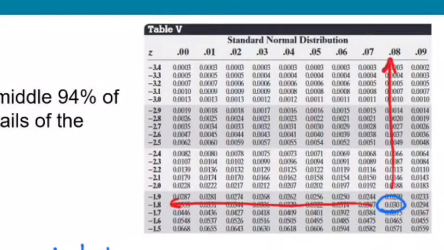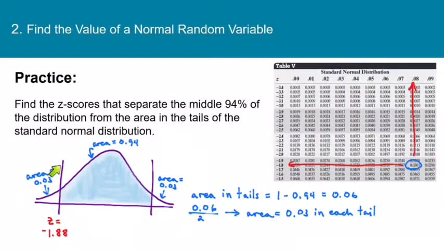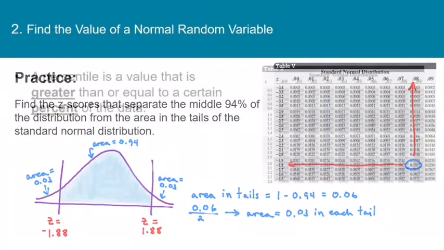And the z-score that matches that area is negative 1.88. And so this negative z-score is negative 1.88, and this positive z-score is positive 1.88. And again, these two z-scores are the same number but with opposite signs because these two areas in the tails are the same, and the graph is symmetric about z equals 0 right in the center.